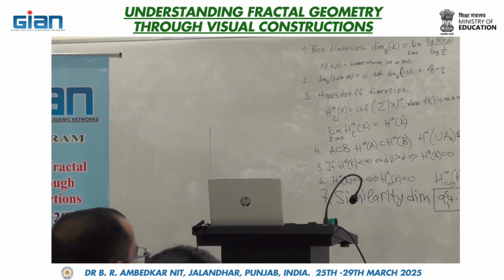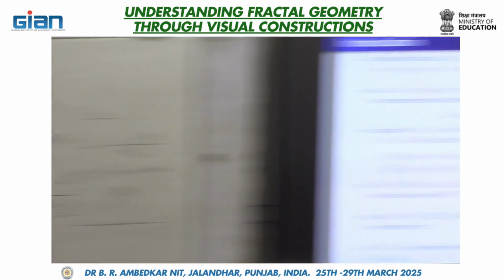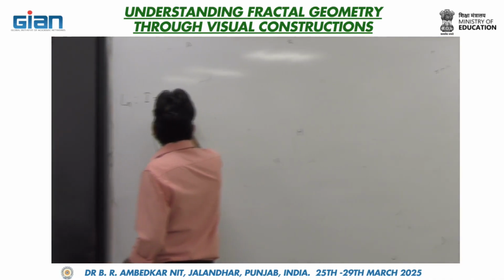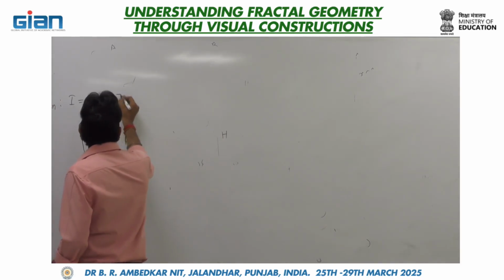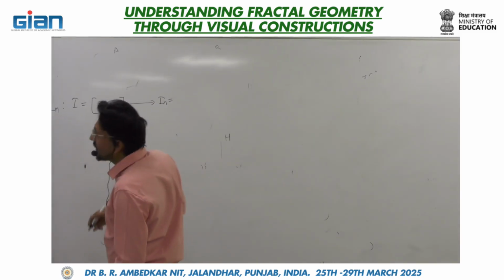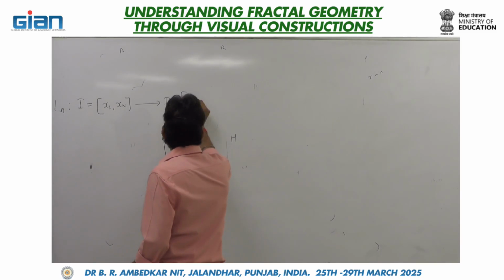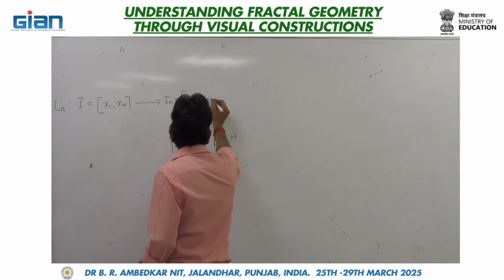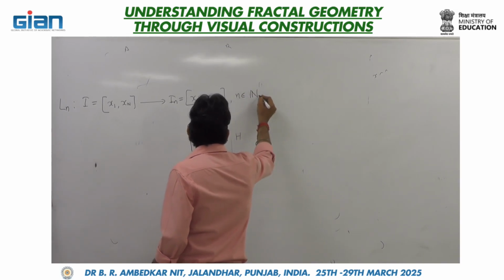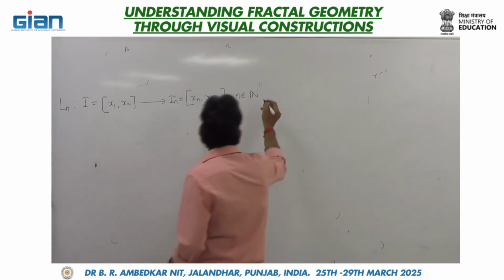These things will be little important, so I note them down. L_n such that I is [x_1, x_N] to I_n, and I_n is nothing but [x_n, x_{n+1}], and here n belongs to N_{N-1}, right?